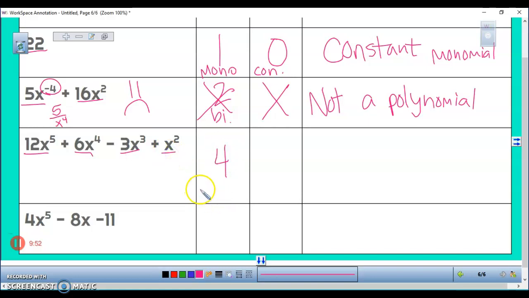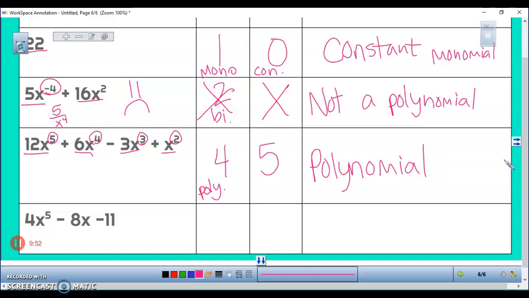Next one, terms, 2, 3, 4 terms. So it's not going to have a specific name. I'm going to call this a polynomial. The degree, well, this has a degree of 5, 4, 3, 2, so I picked the highest, so it's a degree of 5. That doesn't have a specific name either, so no name. So we're just going to call this a polynomial.